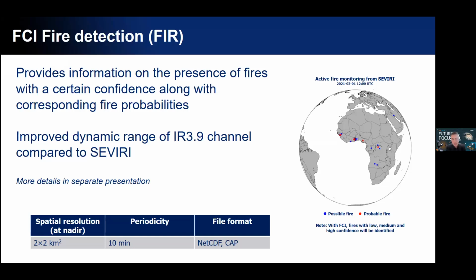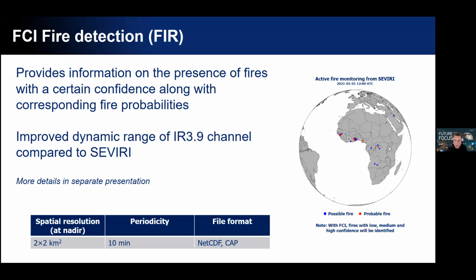And also, as was mentioned on Tuesday, the 3.9 channel has improved dynamic range compared to Seviri. So this, in addition to the higher spatial resolution, should give a very much improved fire detection capability with FCI compared to Seviri.